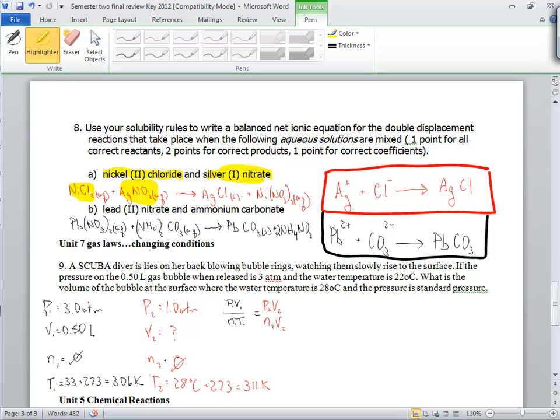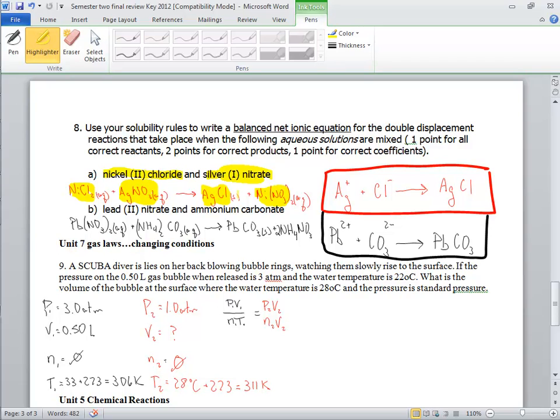So they're floating around dissociated. Now, as the silver happens to come in contact with any chloride, they are going to stick together because silver chloride is not soluble in water. Now the nickel and nitrate, they're not actually going to form a precipitate. They're going to be dissolved in water, an aqueous solution.